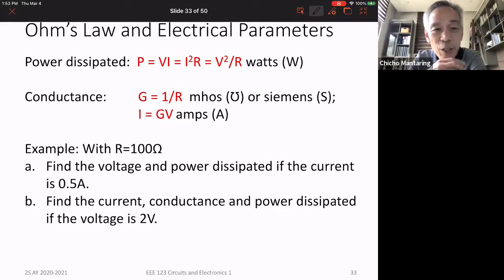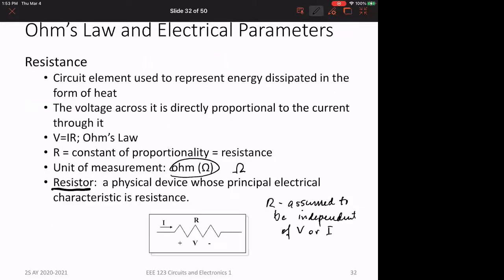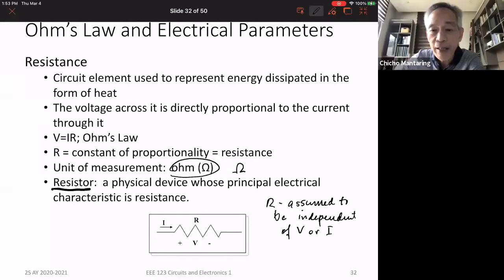Can John speak up about what your question is? Maybe you can unmute yourself and ask your question. Didn't you say that in this course we deal with constant resistance, so there are no LEDs, right? Because an LED is non-constant in resistance as voltage changes, right? Yeah, that's right.